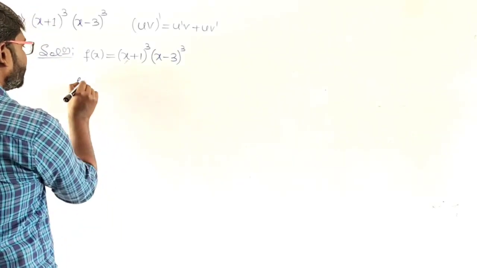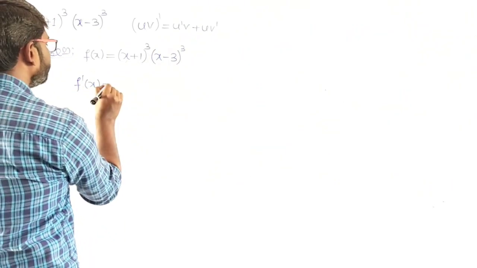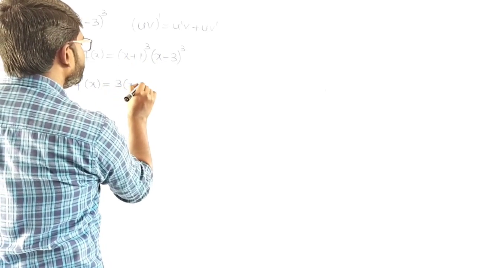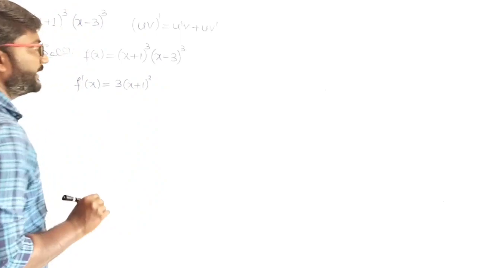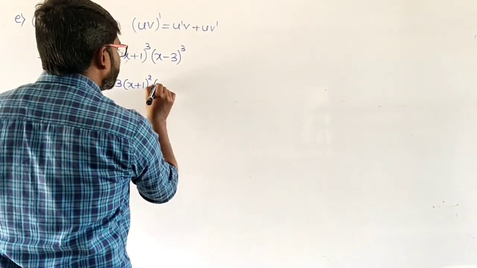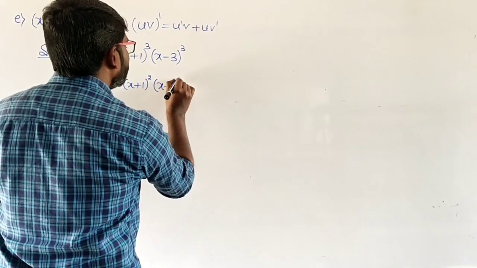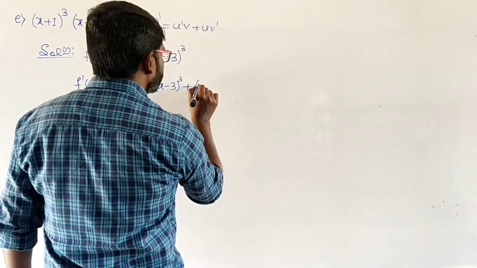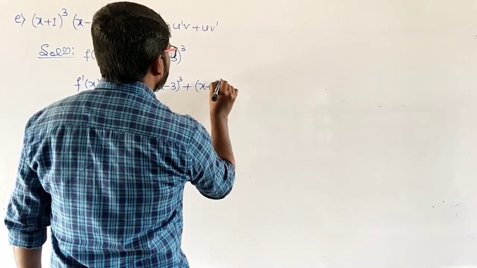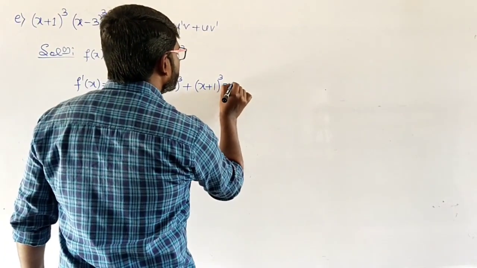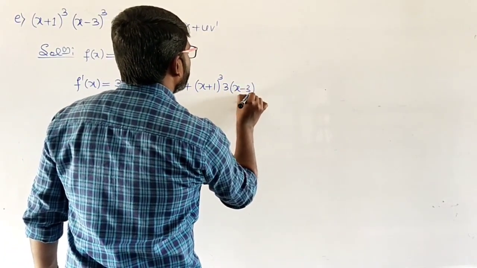So here we get f dash of x, which is equal to, differentiate the first one, you get 3 times x plus 1 the whole square, and then this is u dash into v, write the second function as it is, x minus 3 the whole cube, plus now write the first function as it is, x plus 1 the whole cube, then differentiate the second one, you get 3 times x minus 3 the whole square.